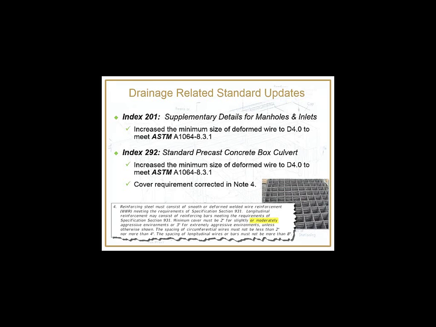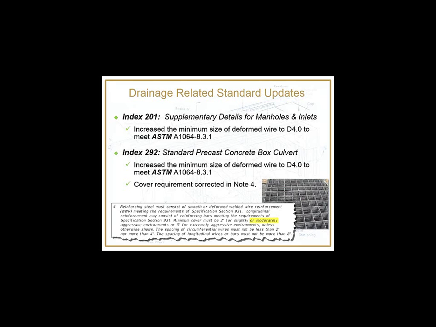Note that that's really only the deformed wire size. The smooth wire can still be smaller than D4.0. So it's AASHTO that's imposing the minimum design requirement for a minimum wire size for deformed bar. I believe under the ASTM you can still manufacture smaller wire, but it's not going to be allowed for design.